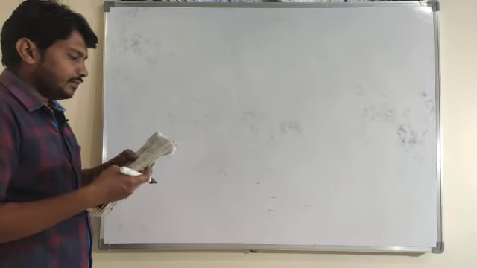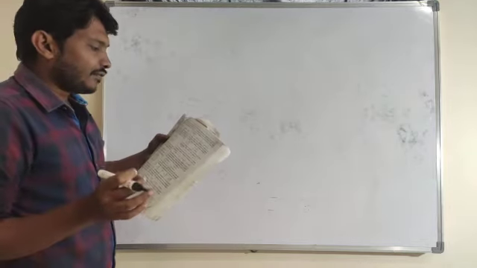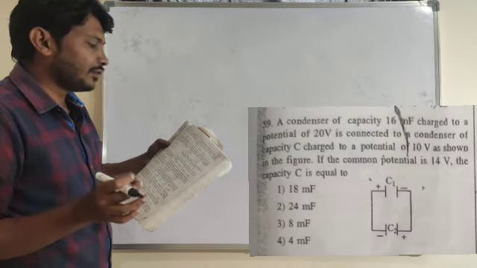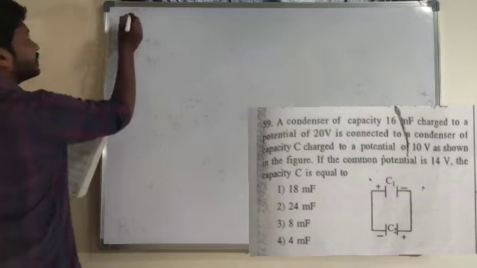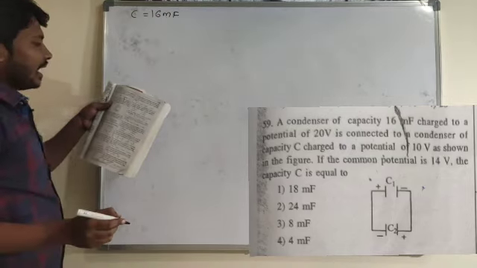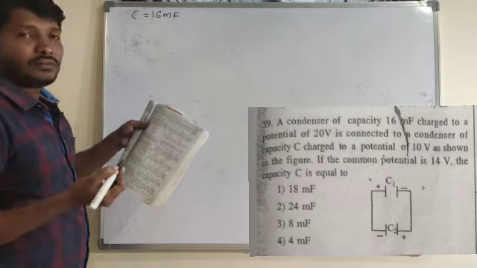Okay, we'll look at the next one. A condenser of capacity 16 millifarad is charged to a potential of 20 volt.